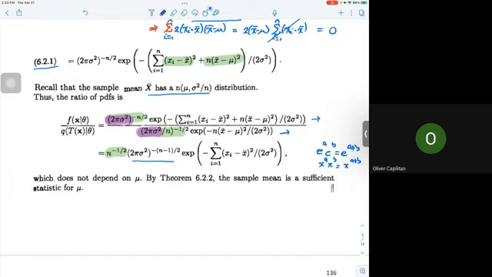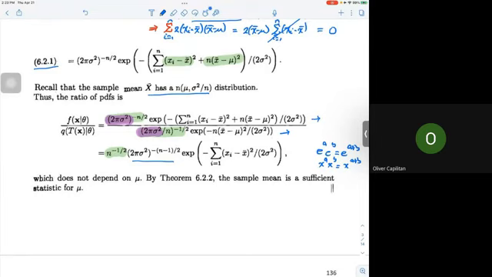Okay, guys, let me continue. Sorry for that interruption. Now we see that the ratio of the PDFs does not depend on the parameter mu. If you look at the last expression, mu is gone. Therefore, the sample mean is a sufficient statistic for mu.